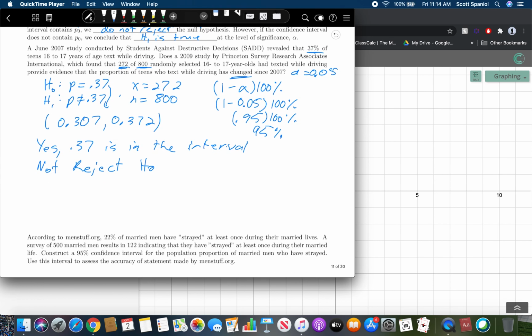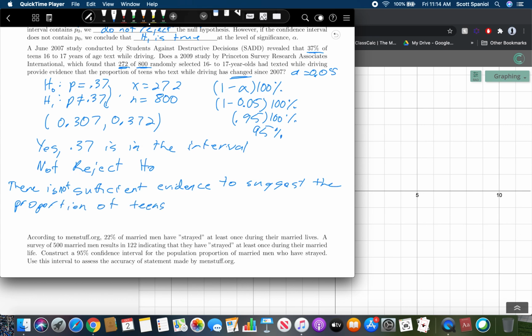And so we could write a conclusion like, there is not sufficient evidence to suggest the alternative hypothesis. In this case, to suggest the proportion of teens who text while driving has changed.